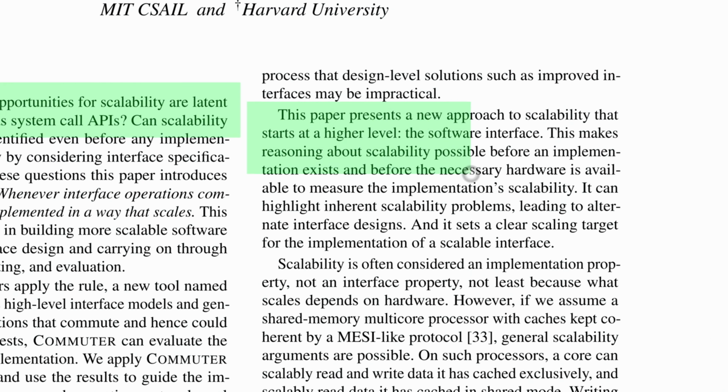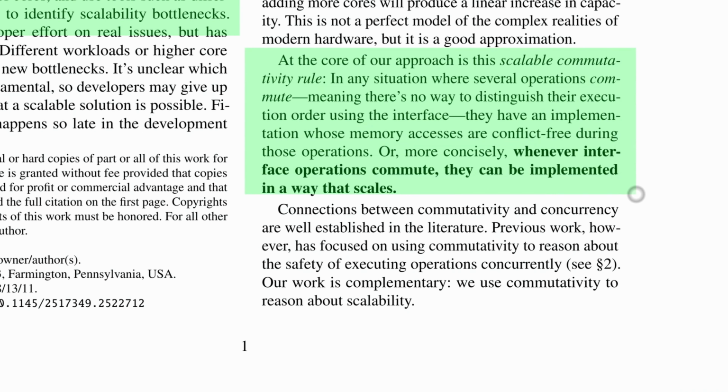But what the authors of this paper want to investigate is how can we look at scalability at the API level. The goal is to be able to reason about it before an implementation even exists, just by analyzing the properties and specifications of an API. The basic idea is quite simple.